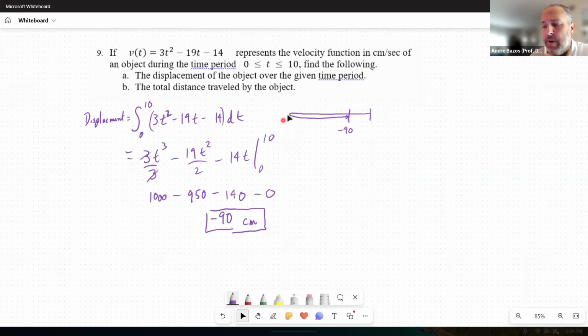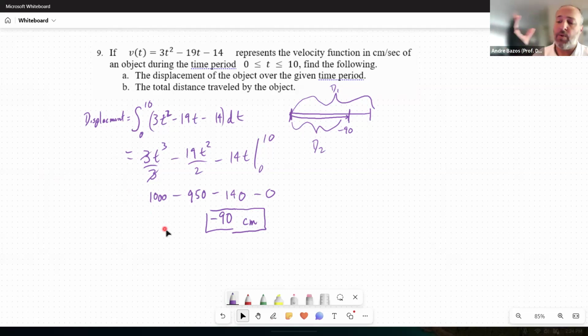But the problem is we need to find the time when this turnaround happens, so that we can say the total distance would be the addition of this d1 and this d2. Those distances, because they are a distance, are always positive. When we talk about displacement, it's about a positional spot.